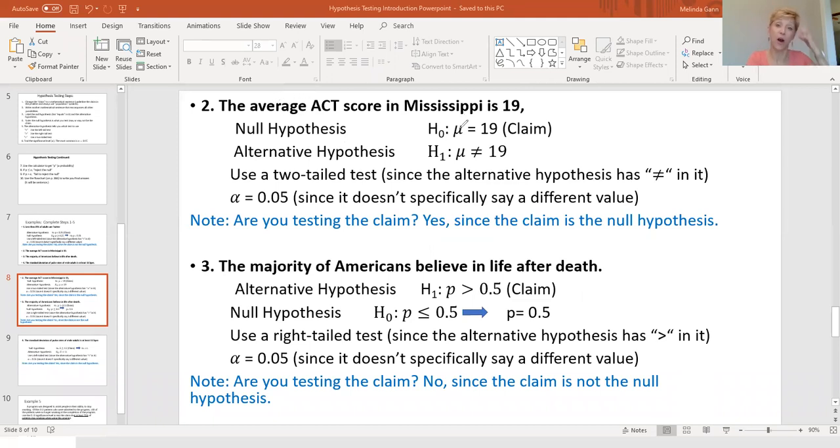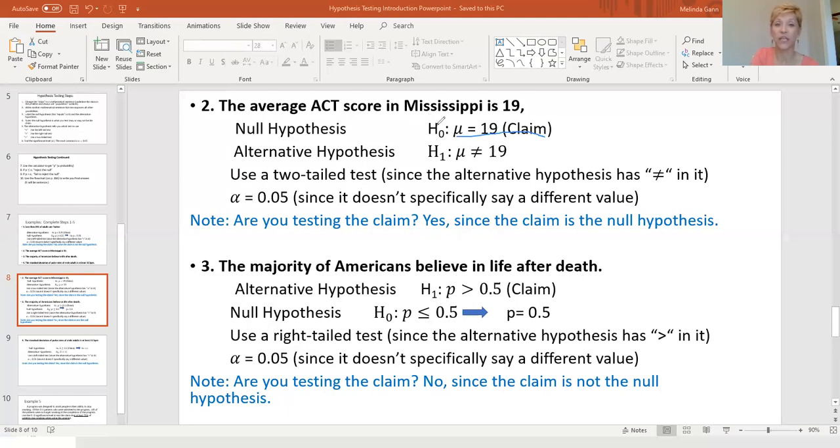Now I can't put X bar because it's got to be a population symbol. So the first thing on my paper was mu equals 19, and I put the word claim in a parenthesis next to it. If you don't put claim in that parenthesis, you're going to get lost next week. All right. So if that statement's not true, then mu must be not equal to 19. So those two statements encompass all the possibilities.